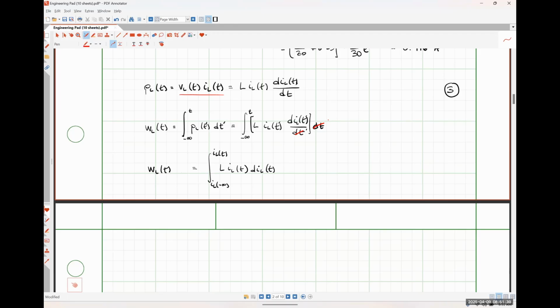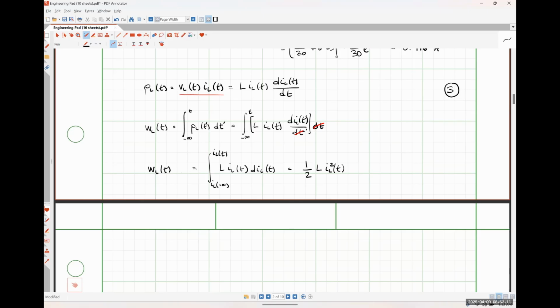Yeah, 1/2 x squared. So this is literally just going to come out to 1/2 L I_L squared, where we're making an assumption here that the current that was flowing through the inductor at the dawn of time, t equals negative infinity, was 0, which I think is a fairly accurate assumption to make.